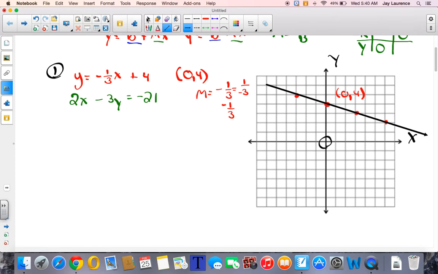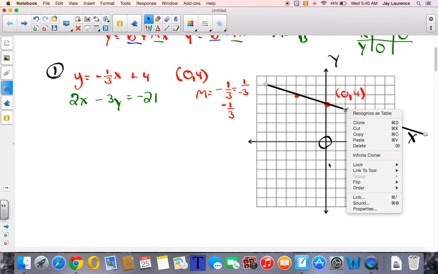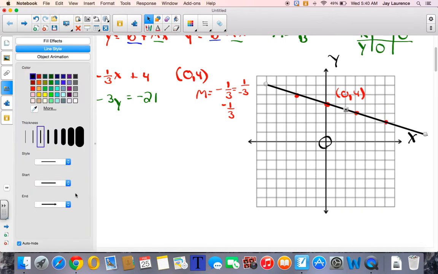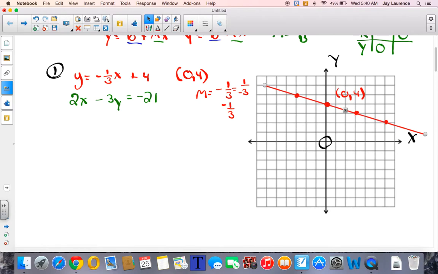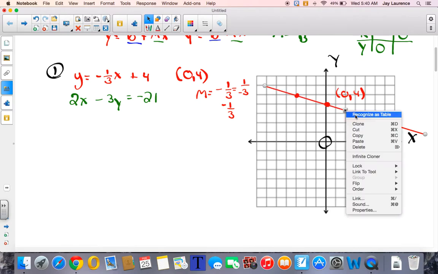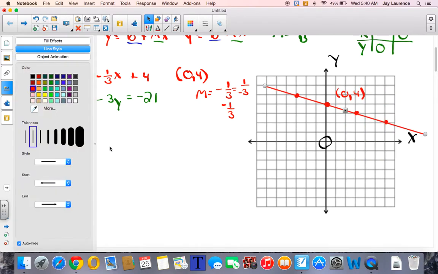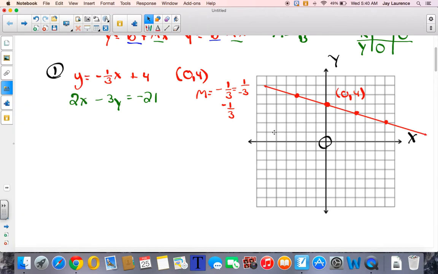Looks like I'm off a little bit. Let me make him a little thinner and give him an arrowhead, and then I'll adjust them. I want to hit those points as accurately as possible. That should be it. Okay.